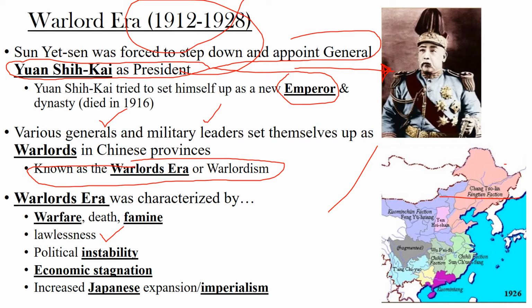Political instability, economic stagnation. Obviously, this fragmentation is not good for your economy. And in this weakness, the Japanese are going to expand their power. This is when they're carving a larger and larger sphere of influence out. So, the weakness of China is the advantage of Japan.